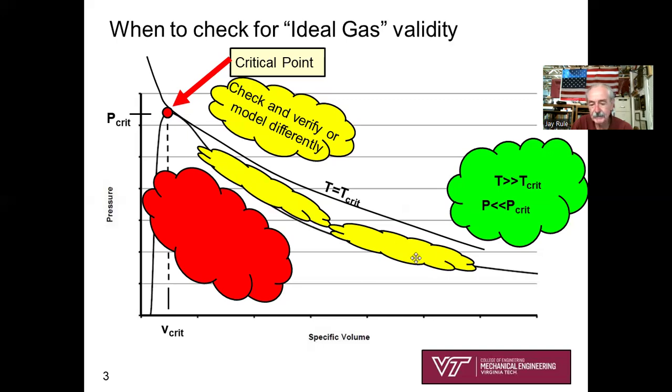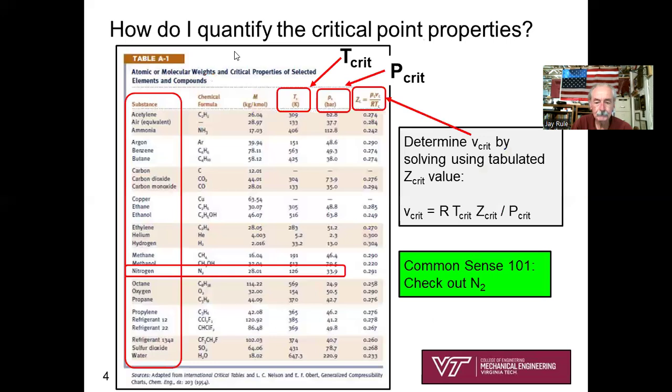So I've shaded yellow clouds near the vapor dome, and also up in the region of the critical point. How do I learn what the critical point is for my particular situation?